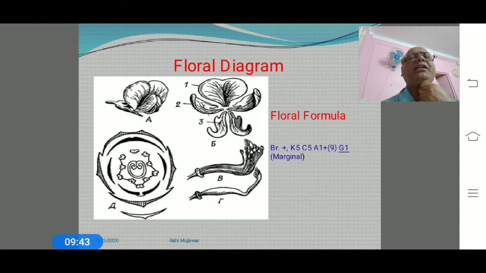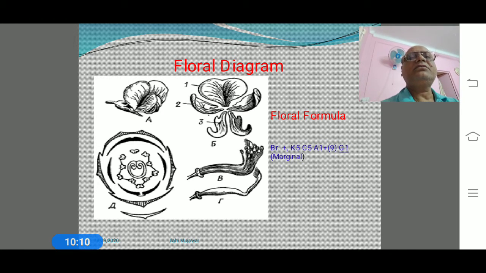In the floral diagram, the outermost circle is called the sepal circle, then the petal circle, then the stamen circle, and centrally placed is a TS of the ovary showing placentation, and ovules and placental union. The outermost part is the bract, so the flower is generally bracteate.